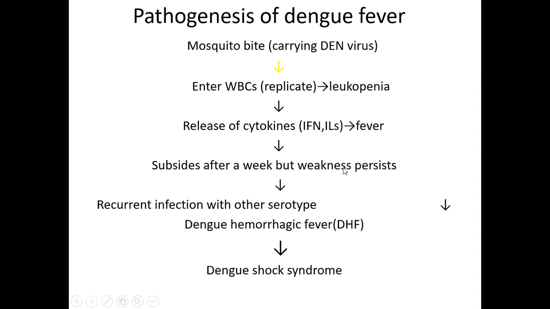However, most cases recover and are healed from the infection. But if recurrence or reinfection occurs by another serotype, dengue hemorrhagic fever and dengue shock syndrome occur, which are fatal conditions for us, for human beings.